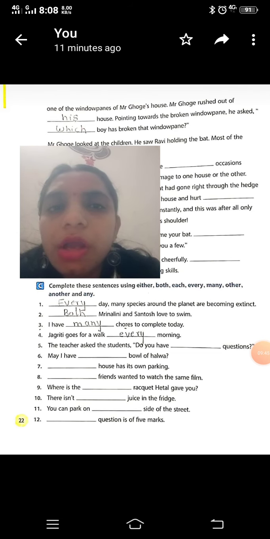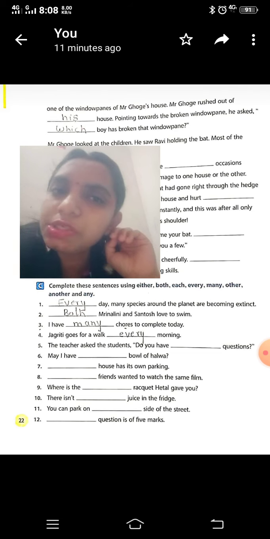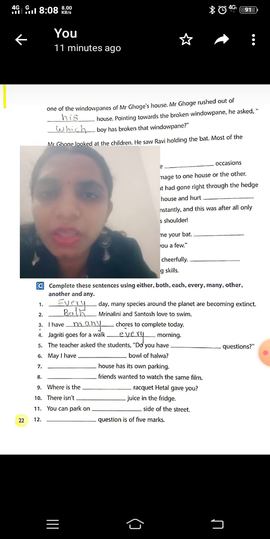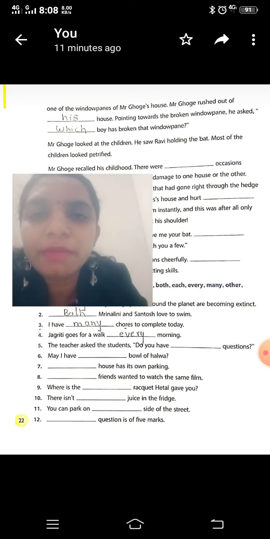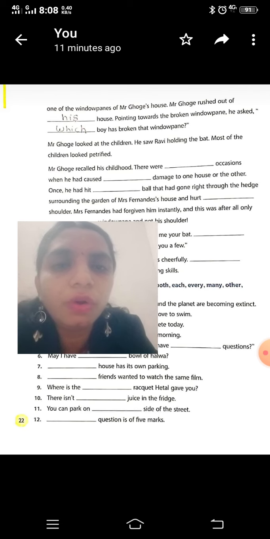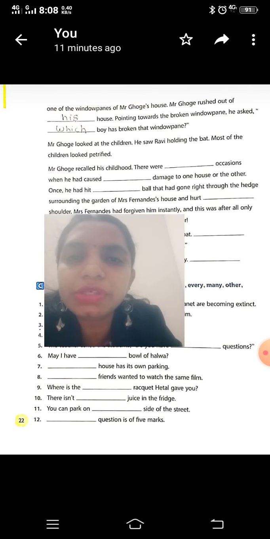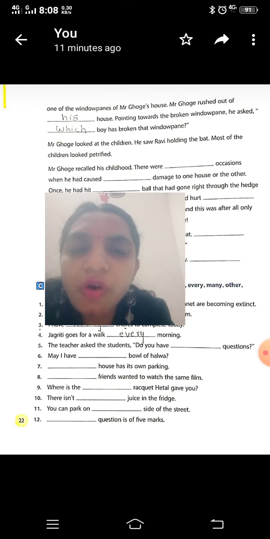Mr. Gog rushed out of his house, pointing towards the broken window pane. He asked, "Which boy has broken that window pane?" Mr. Gog looked at the children. He saw Ravi holding the bat. Most of the children looked petrified. Mr. Gog recalled his childhood.